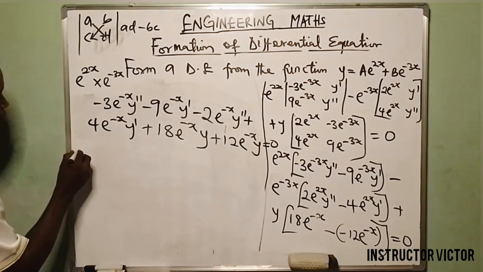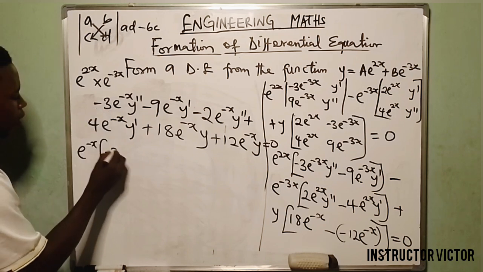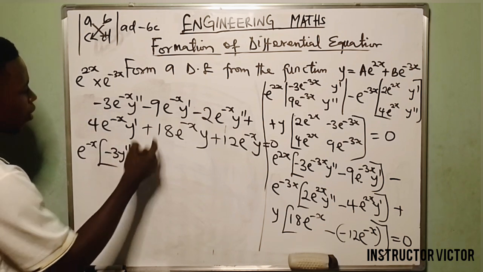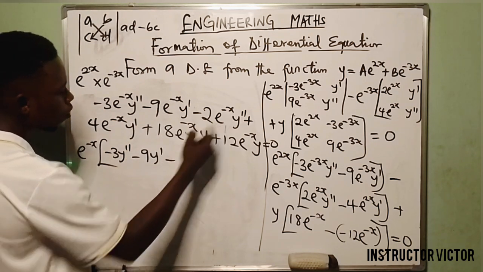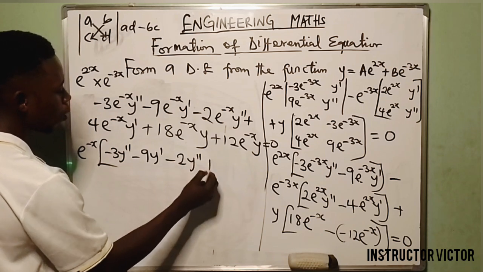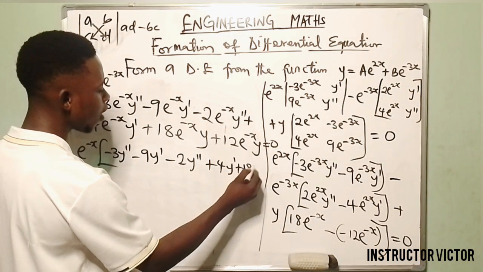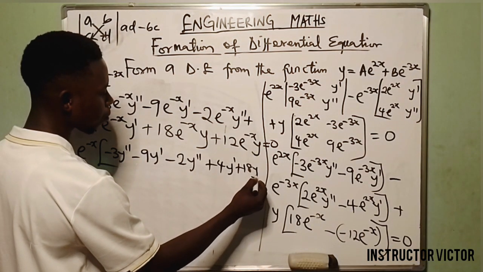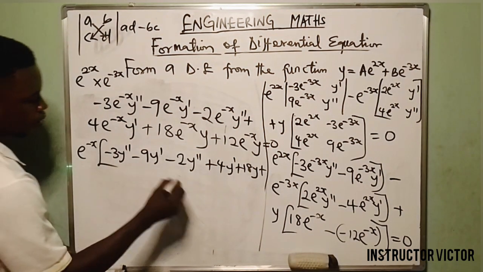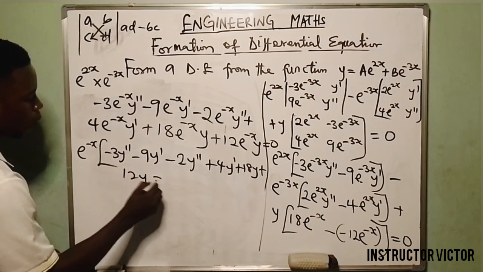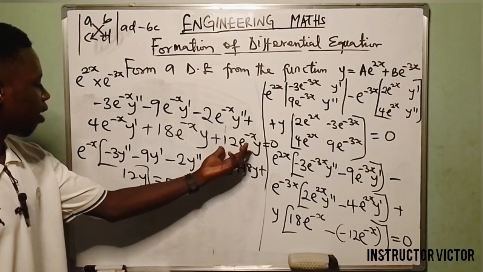So when you factor out exponential minus x, you are left with minus 3y prime prime, minus 9y prime, minus 2y prime prime, plus 4y prime, plus 18y, and then plus 12y equal to 0. So that is what you are left with here.